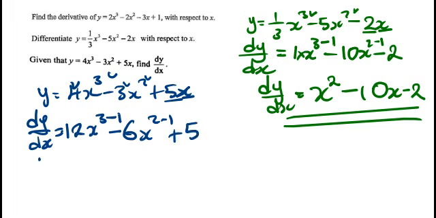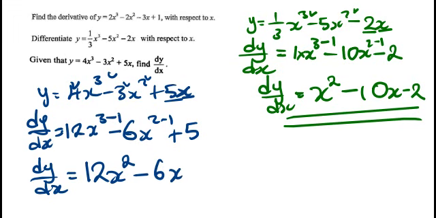So our dy over dx will be equal to 12x to the power 3 minus 1, which is just 2, and then minus 6x, since 2 minus 1 is just 1 you don't have to show it, you can just leave it like that, and then you have plus 5 there, and that is our dy over dx.